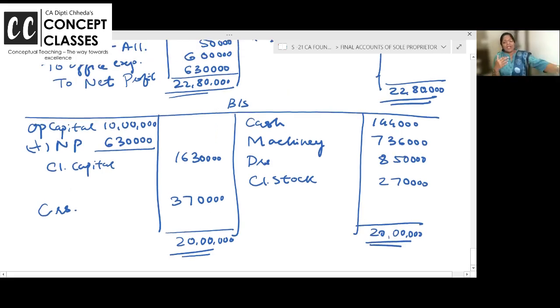Anywhere you are lacking behind, you want me to scroll up, down? पूछो, clear करो. समझ में आया? This is preparing the final accounts without adjustments. कोई adjustments नहीं कर रहे हैं हम.